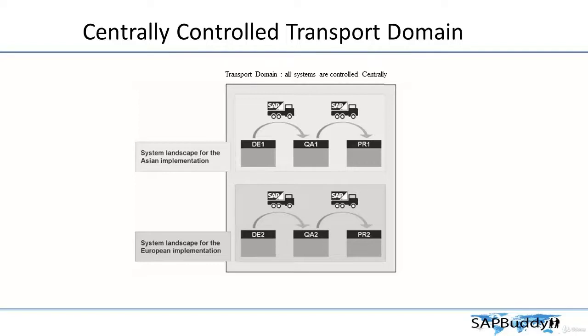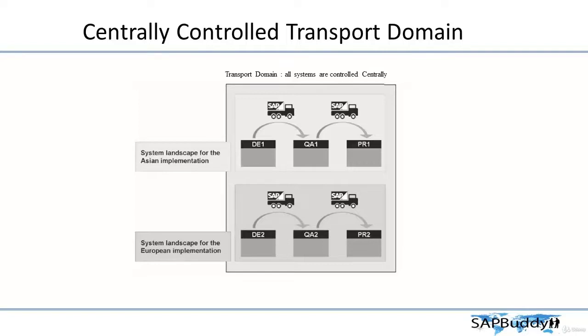Basically the domain controller is an SAP system where all the TMS configuration settings are maintained and the changes of the configuration settings are distributed to all SAP systems. So you will do all the configuration in one SAP system, that is called the transport domain controller. Then you will distribute to all the other systems in the SAP landscape.